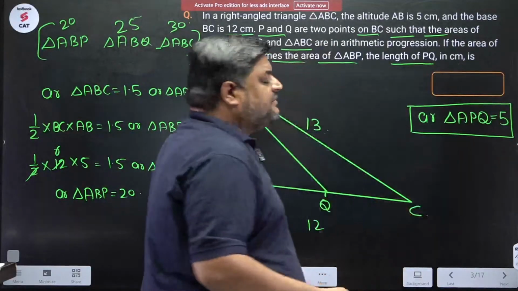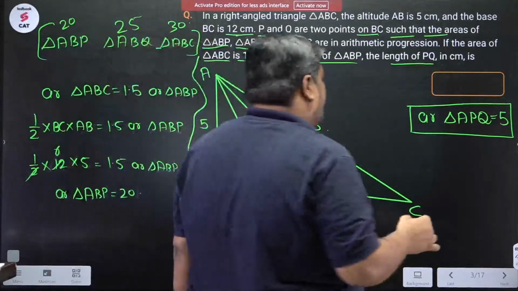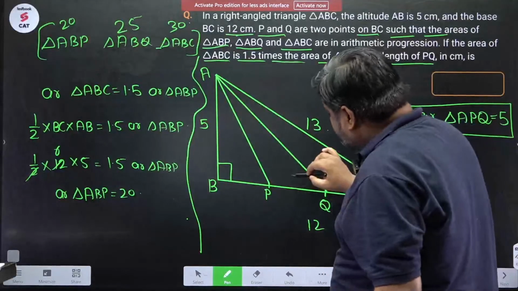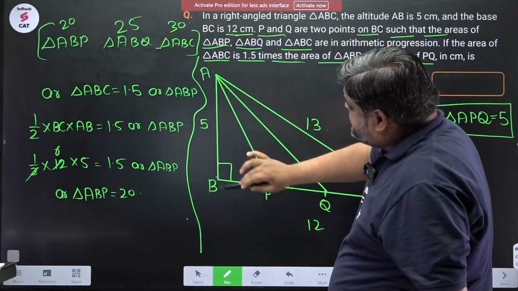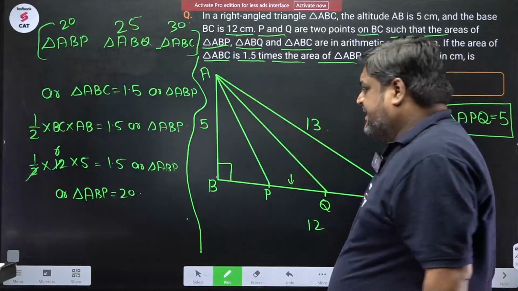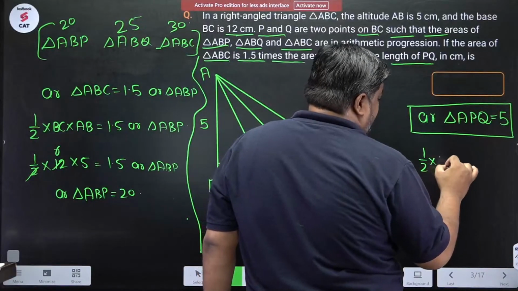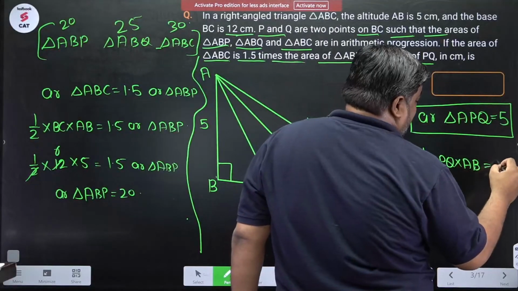We can also calculate the area of triangle APQ by using the standard formula half into base into height. Focus on APQ. This will behave as base and height. Say height is AB, right? So area of triangle APQ would be half into PQ into AB, and this is 5.